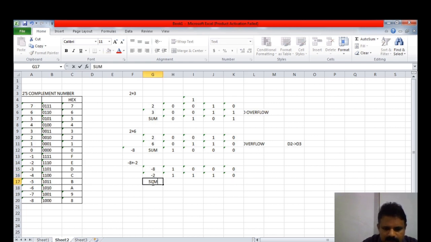The sum is 0 plus 0 is 0, 0 plus 1 is 1, 0 plus 1 is 1, 1 plus 1 is 1 0. We can see there is a carry.